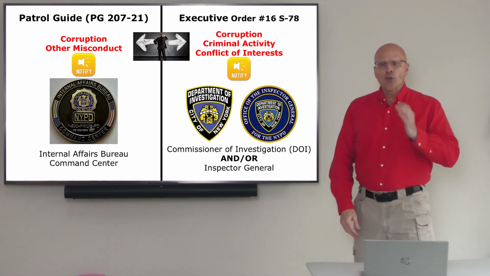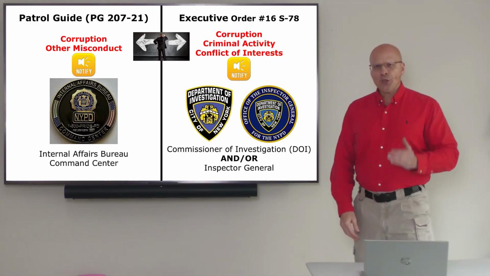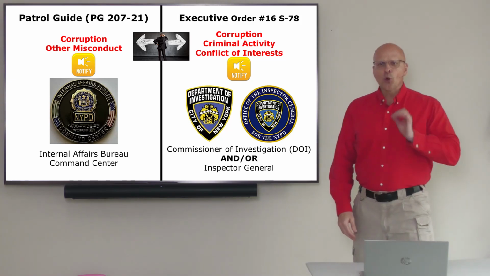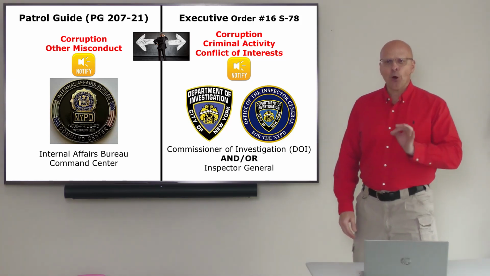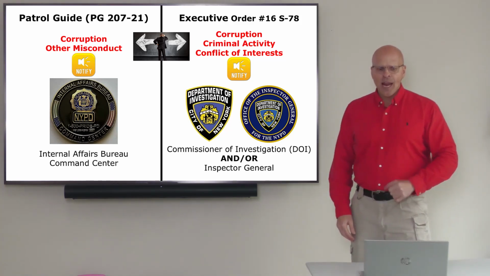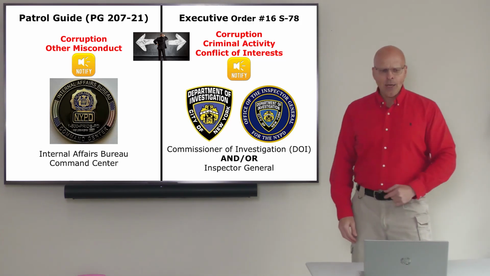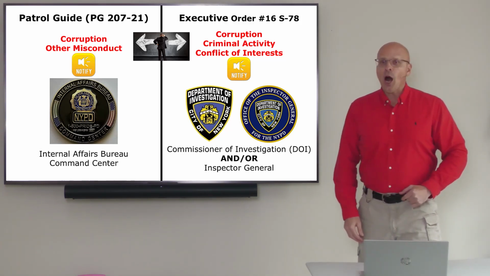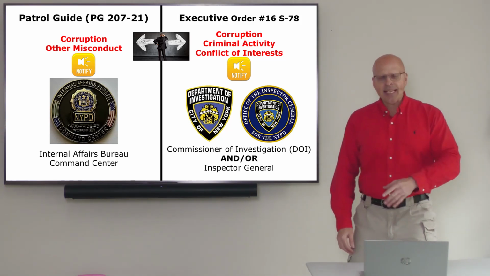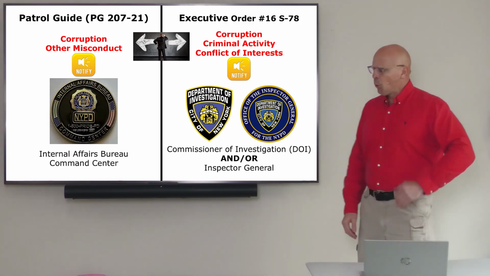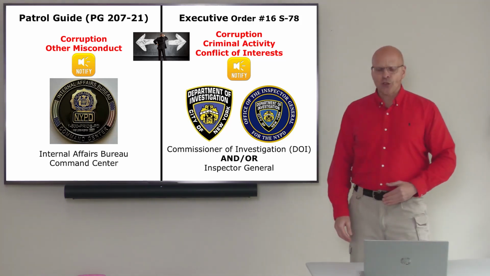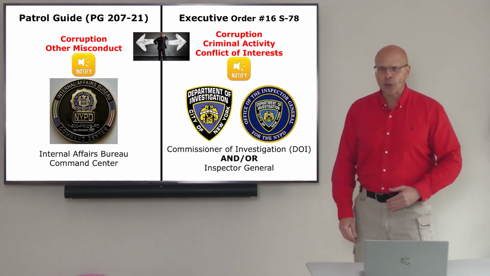That's why you must know what procedure they are locking you into. You have to answer it as per the procedure they locked you into. And if they ask you as per the patrol guide, you will report it to IAB's Command Center. And if they say as per this executive order, you will report it to the Commissioner of Investigations, DOI, and or the Inspector General.